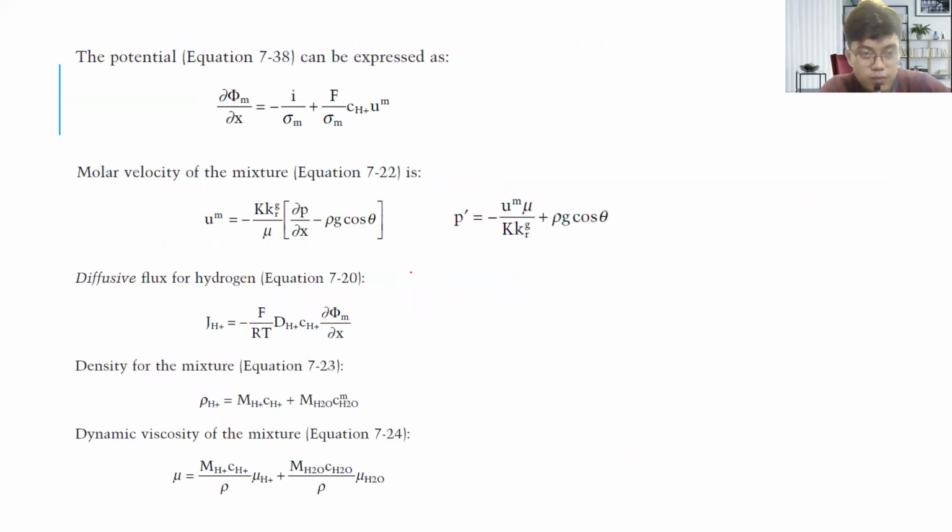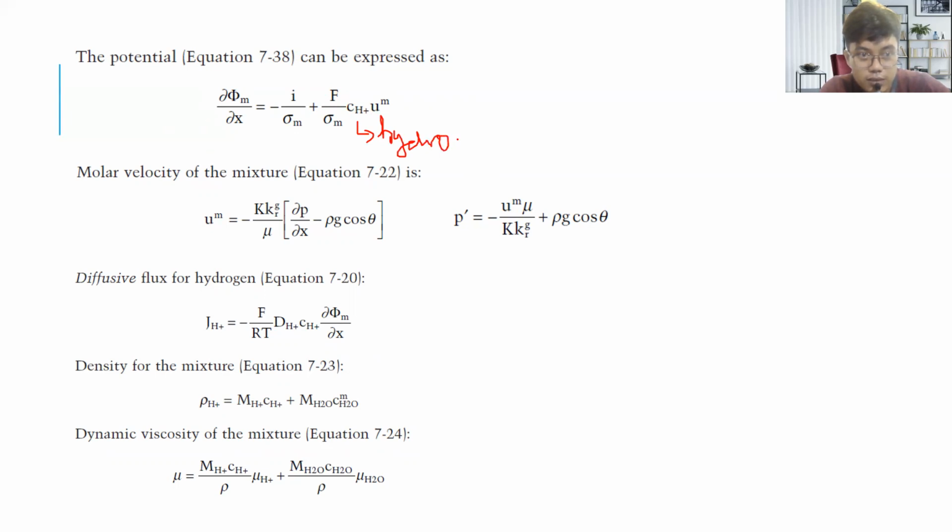And the next one is the equation for potential, which can be expressed as d phi m per dx is equal to minus I per sigma plus Faraday per sigma divided by the concentration, this is for hydrogen.